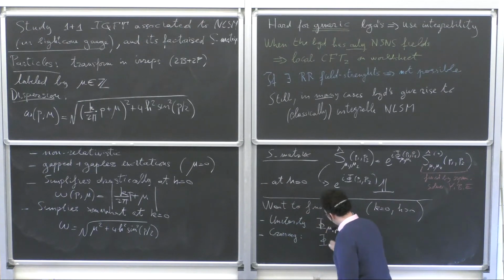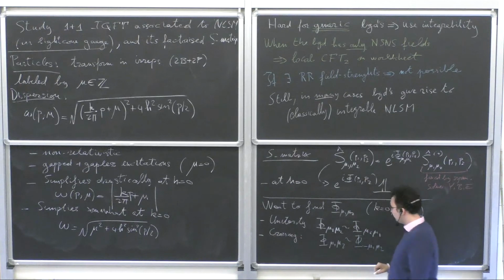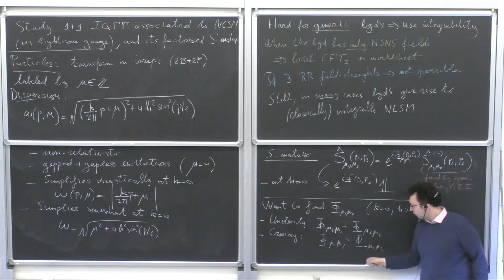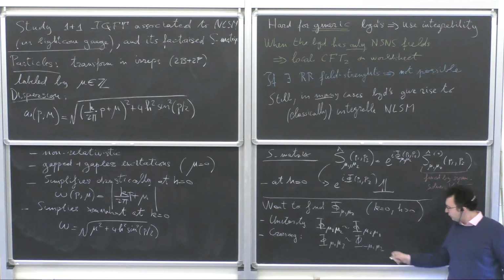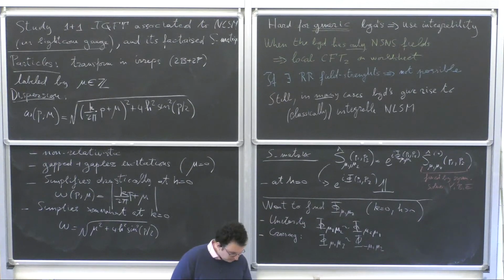And that will relate phi mu1, mu2 to phi minus mu1, mu2, because particle to antiparticle will flip mu. And of course, this will be in some different analytically continued region, so it's not in the same region of the momenta. Then, of course, I will use whatever discrete symmetries I have. There is a parity, there is time reversal in this model, just by looking at the Lagrangian.